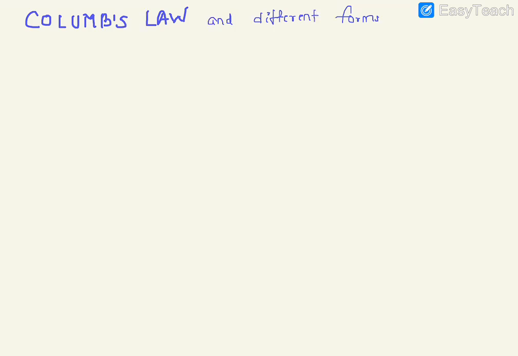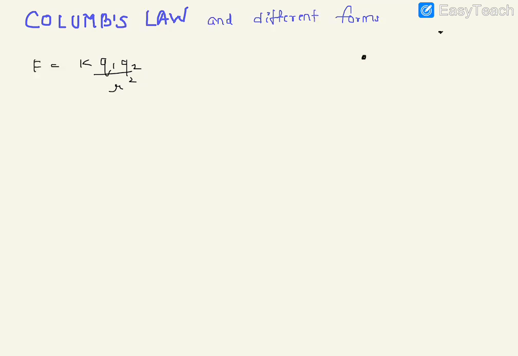Now we are coming to the major part, that is Coulomb's law and its different forms. We usually have a very vague idea of what Coulomb's law is, and we just take it for granted that it's just k q1 q2 by r square. But this will usually not help while you are solving problems.